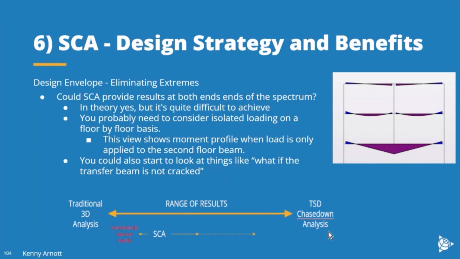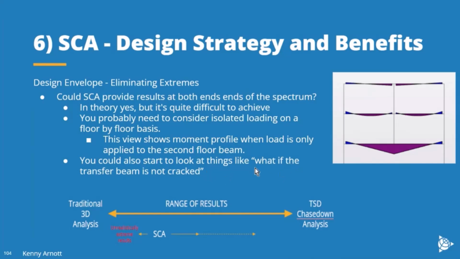And so that's why I think we still have to think about designing for the situation that we get from the chase down analysis, or something very close to it. You could start to do that, creating a much more complicated set of loading conditions, and you could even look at other what ifs.